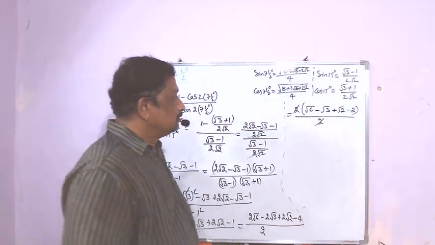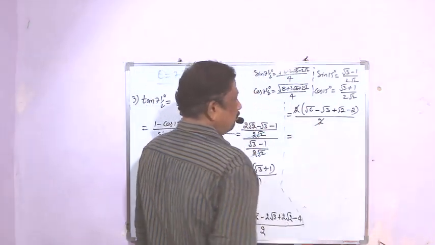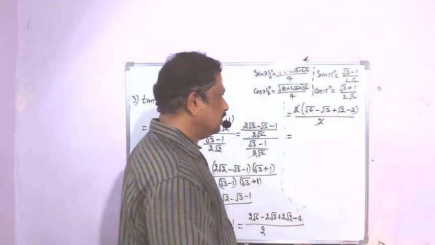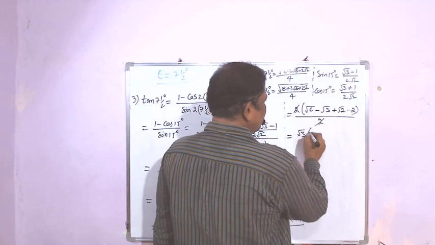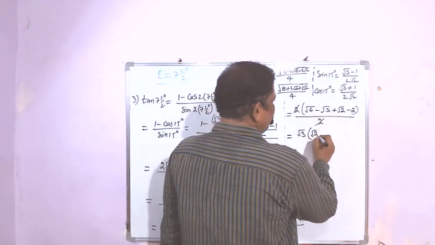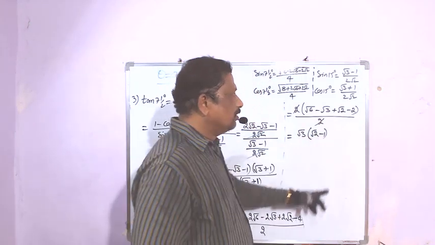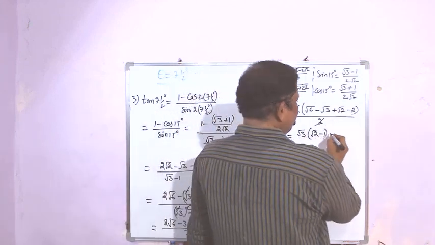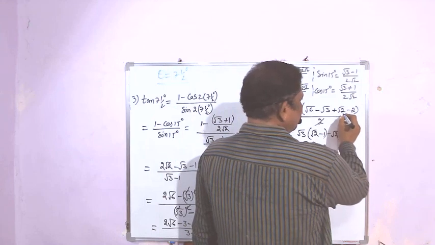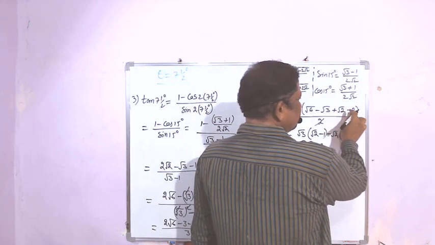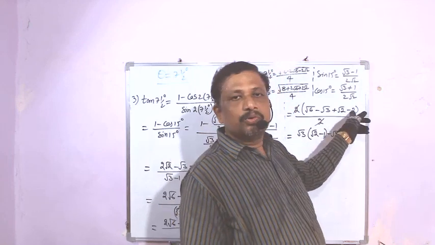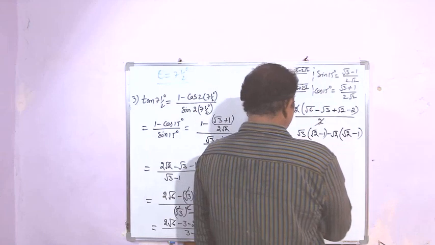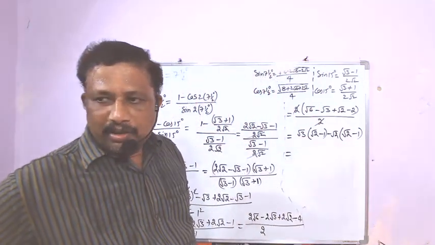Okay. So from these 2 I am going to take out root 3 common. If you take out root 3 common, what will be left behind? Root 2 minus 1 left behind. From this 2, I am going to take out minus root 2 common. Minus root 2 means this one becomes minus, this one becomes plus. 2 can be written as root 2 into root 2. So root 2 minus 1 left behind. From these 2, what is the common term?